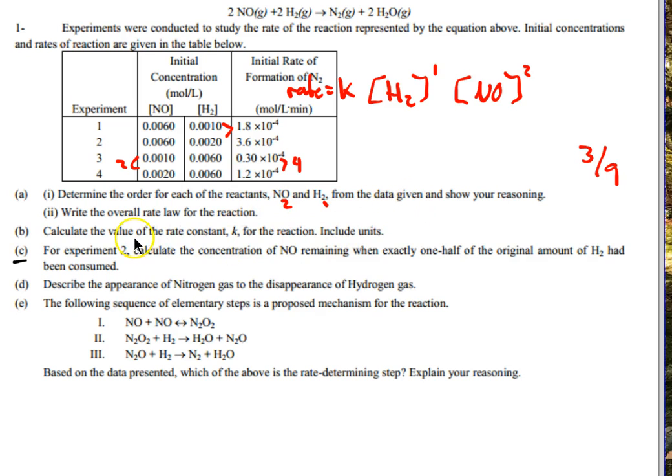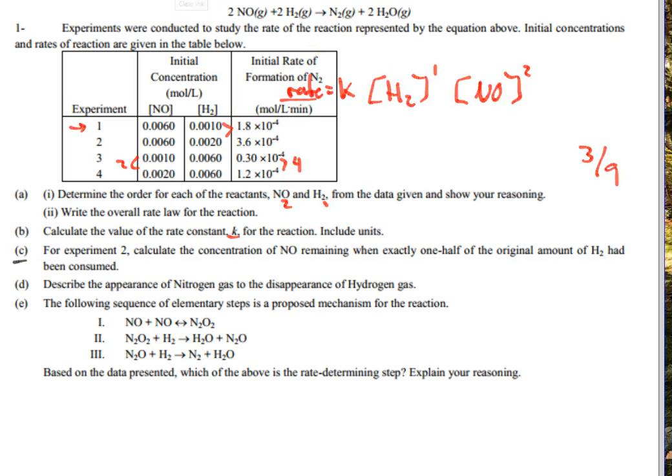All right, next, calculate the value of the rate constant K for the reaction, include the units. All right, so to solve for K, now I know this information. I'm just going to substitute the top row into this equation and solve for K. So remember, K equals rate divided by that stuff.